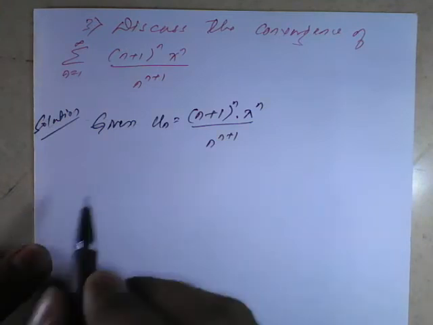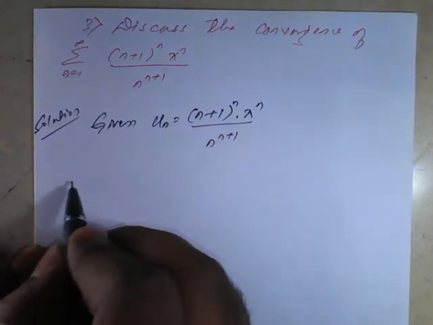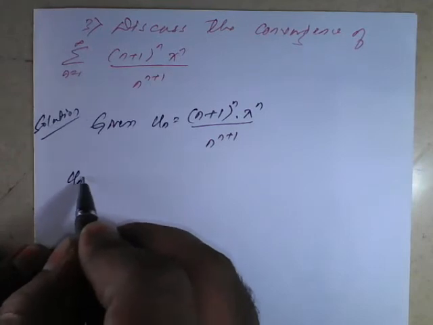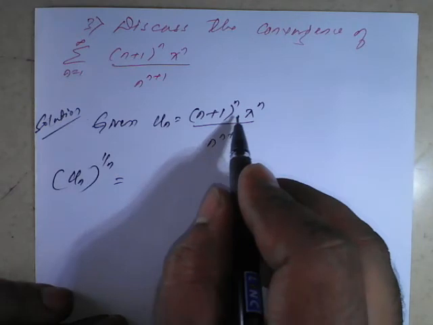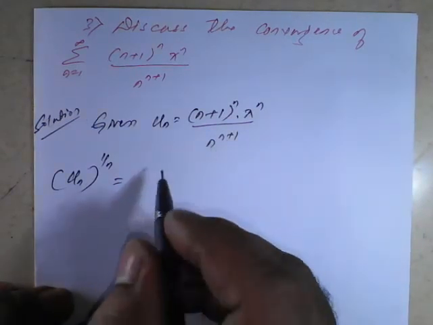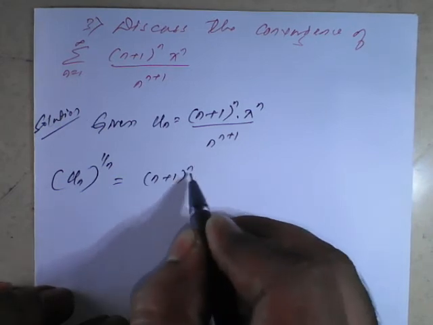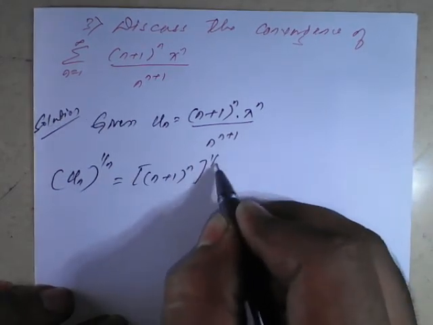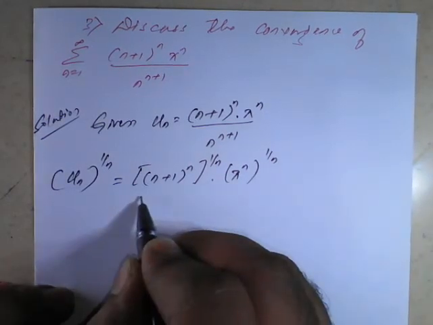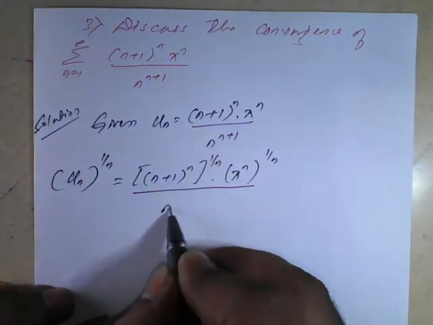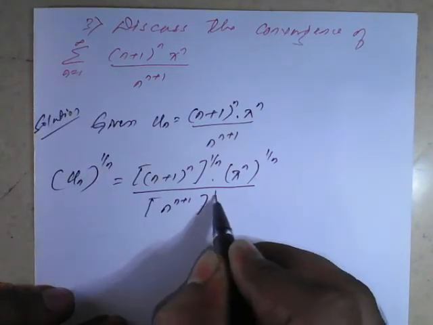This is given. So to test the convergence by using Cauchy's root test, we know that we need un raised to 1 upon n. So if you take the power 1 upon n, what happens here? It will be ((n plus 1) raised to n) whole raised to 1 upon n, into (x raised to n) raised to 1 upon n, divided by (n raised to n plus 1) raised to 1 upon n.